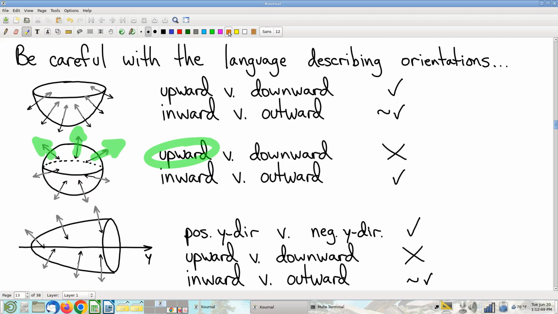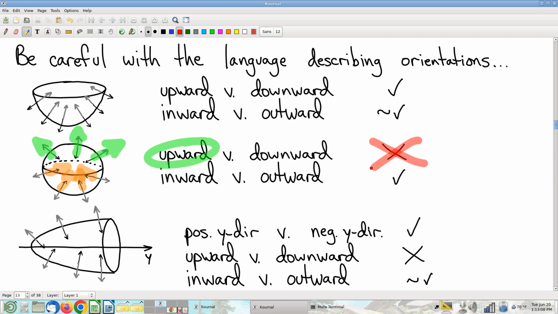Arguably worse, some of the inward vectors are upward also, right? So upward just does not cut the mustard at all. You can't say upward versus downward for this surface here.